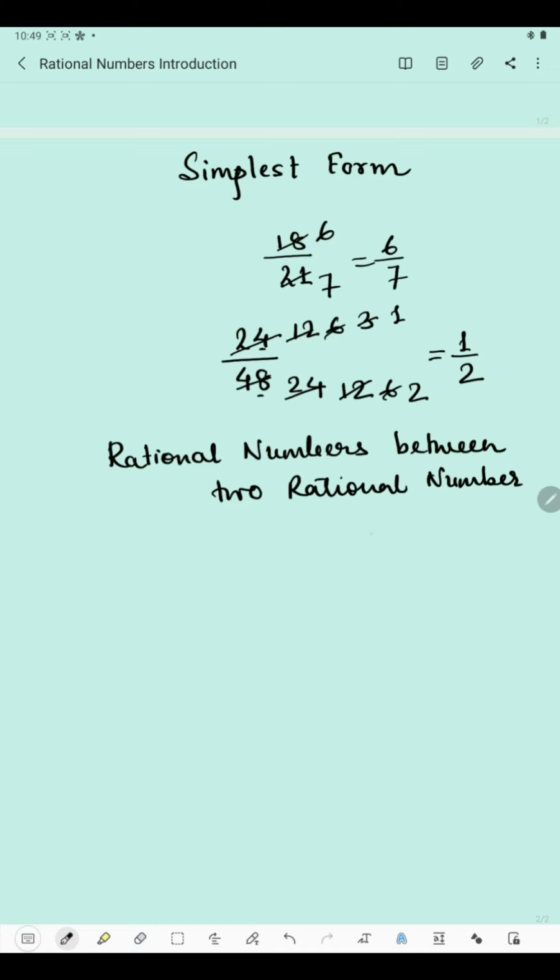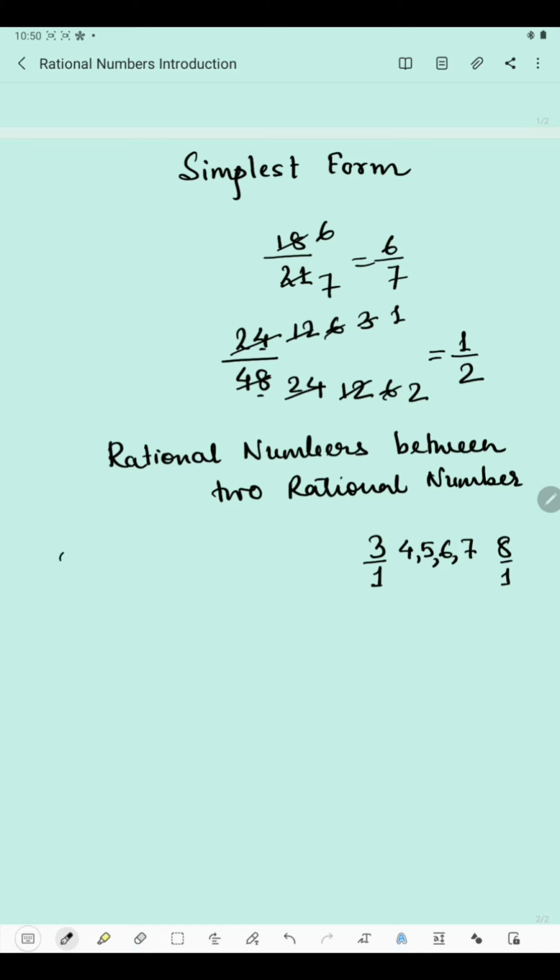If I take the numbers, say 3 and 8, as we can see, 3 is also a rational number, 8 is also a rational number, because 3 can be written as 3 by 1 and 8 can be written as 8 by 1. So both are rational numbers, and if you have to find the rational numbers in between, which numbers come between 3 and 8? 4, 5, 6, 7.